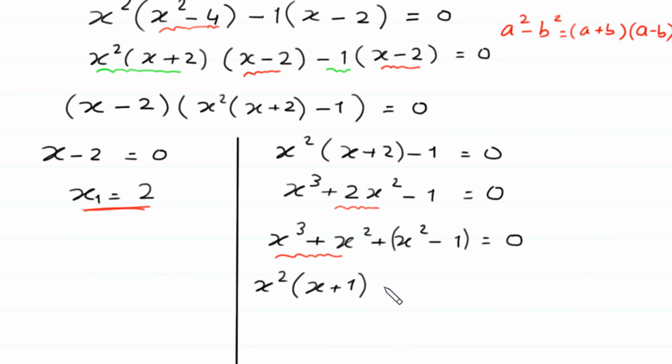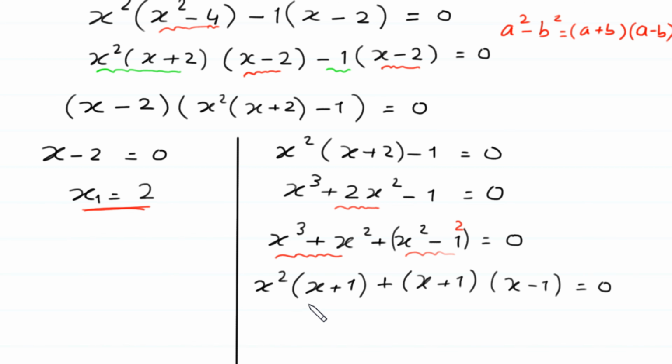And this plus sign will come here, plus, and we can consider this one as 1². Now this expression x² - 1², according to the algebraic identity a² - b² is equal to (a + b) times (a - b), is equal to (x + 1) times (x - 1), is equal to 0.